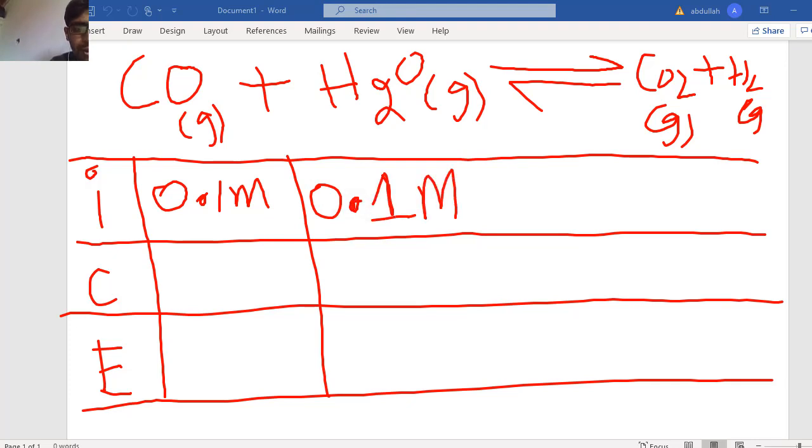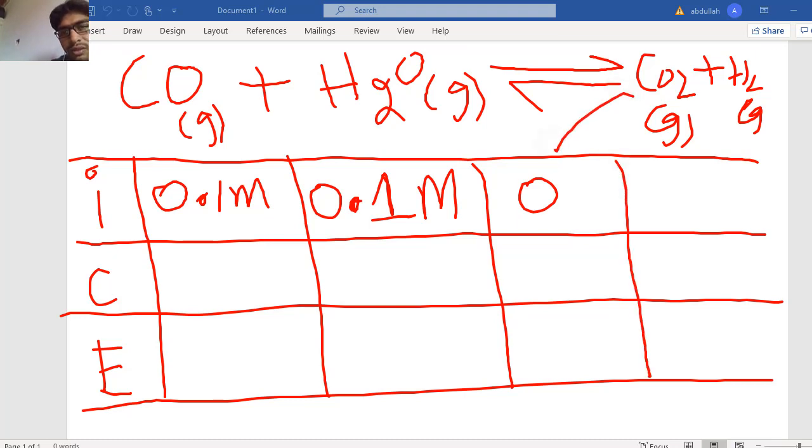There was no CO2 at the start in the container. Similarly, at the start of the reaction, there was no hydrogen in the container, so their concentration is 0.